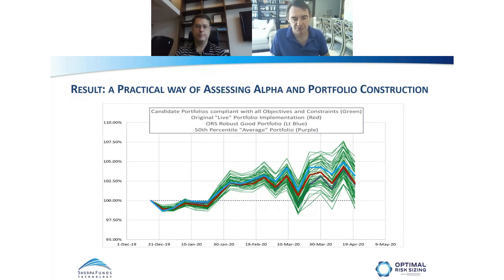This graph is actually a real live portfolio from last year. The portfolio manager achieved the red line in this case.